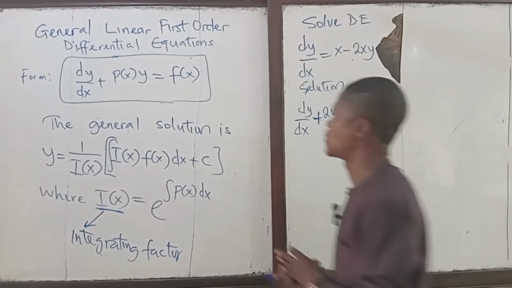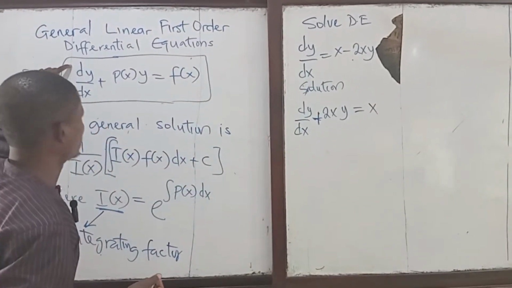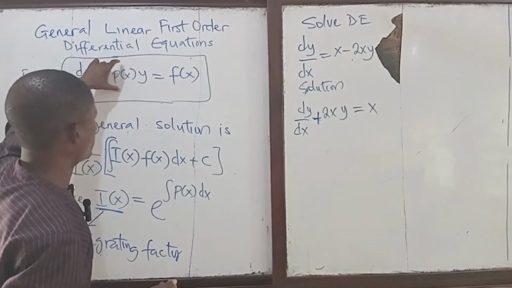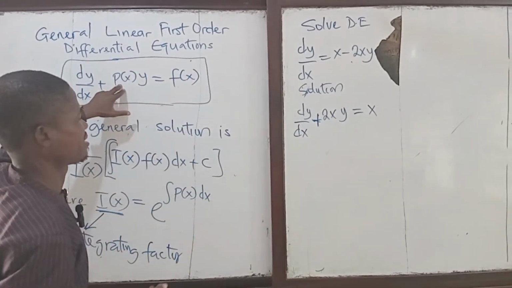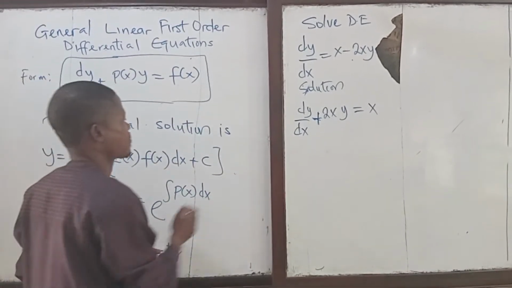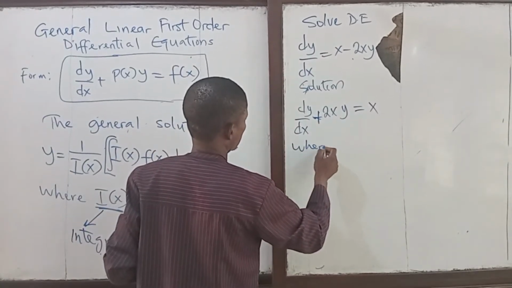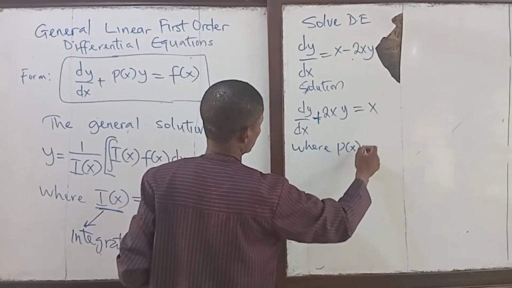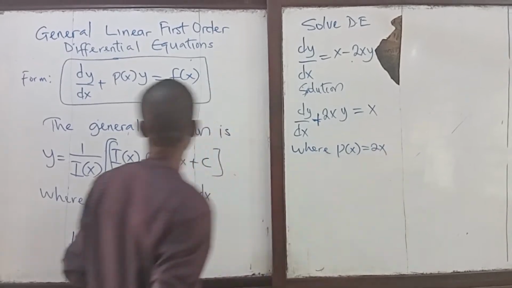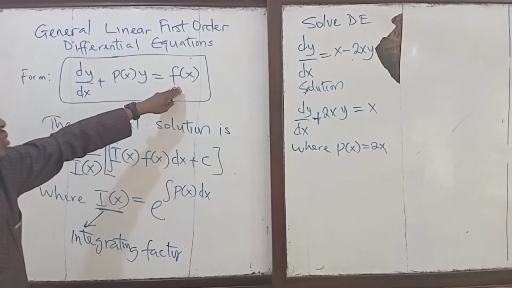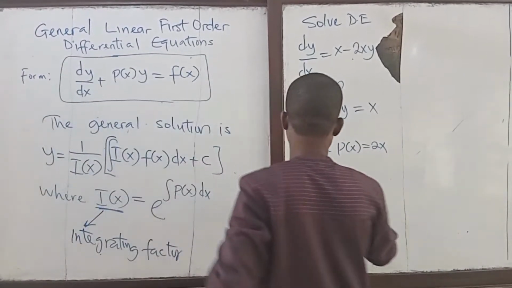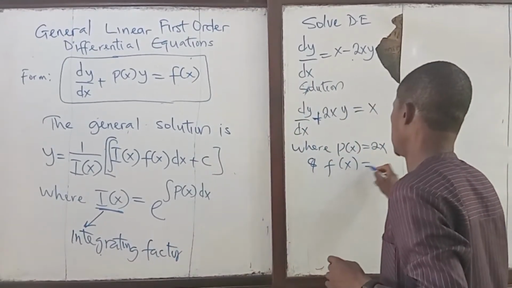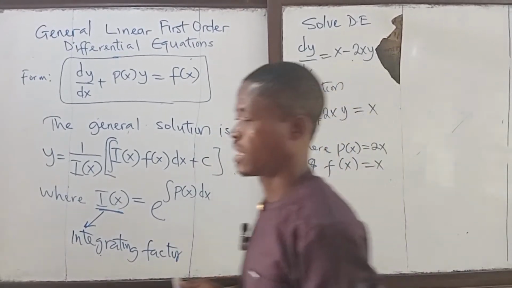So we can see now we have our dy dx, we have our p of x. Our p of x in this case is 2x, and f of x is x. So that's what we have in that case.